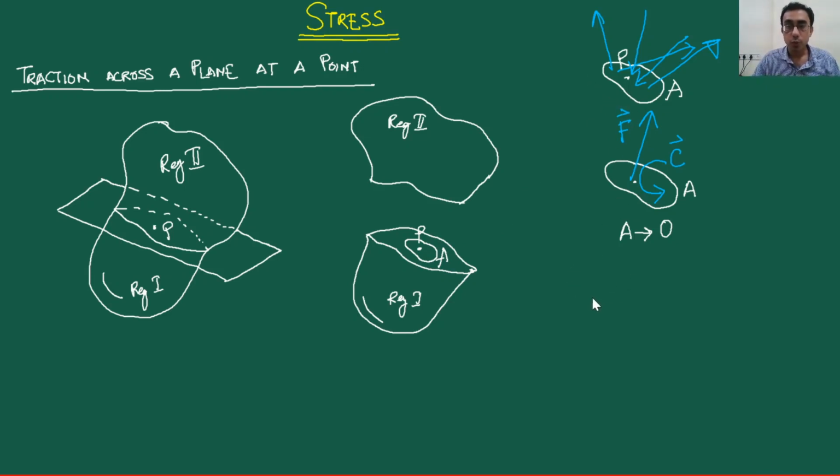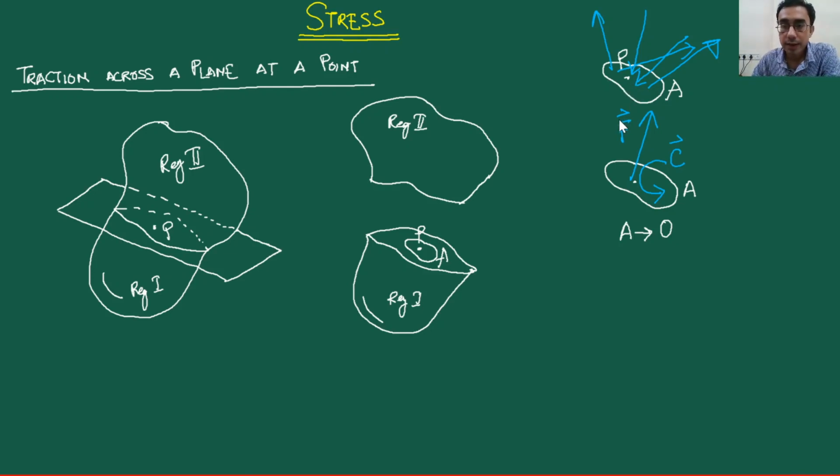So when we do that, what is going to happen? As you shrink this area, naturally the distribution of forces which you see here is going to change, because we are considering a smaller area. The forces that you will see there will of course be different from what you are seeing here, which is a slightly larger area.